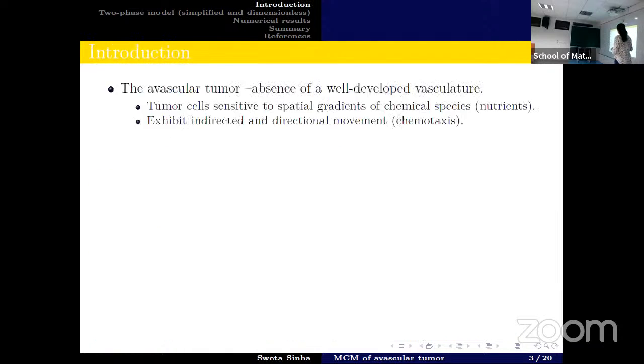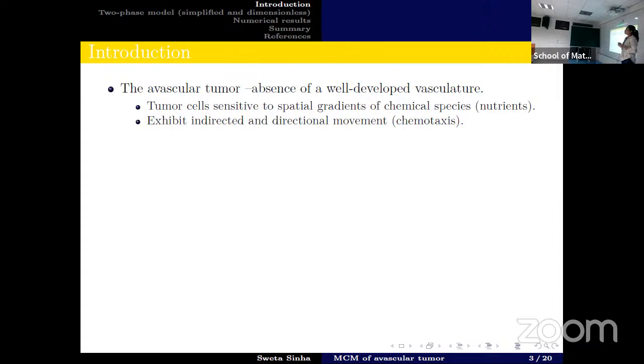So to begin with, I will begin with the term avascular tumor. Avascular tumor means the tumor which has no new formation of blood vessels. Only the cells will multiply themselves and accumulate at one point. What happens then? If the cells get overcrowded, the inner region of cells lacks nutrient, because the nutrient is diffusing from the boundary.